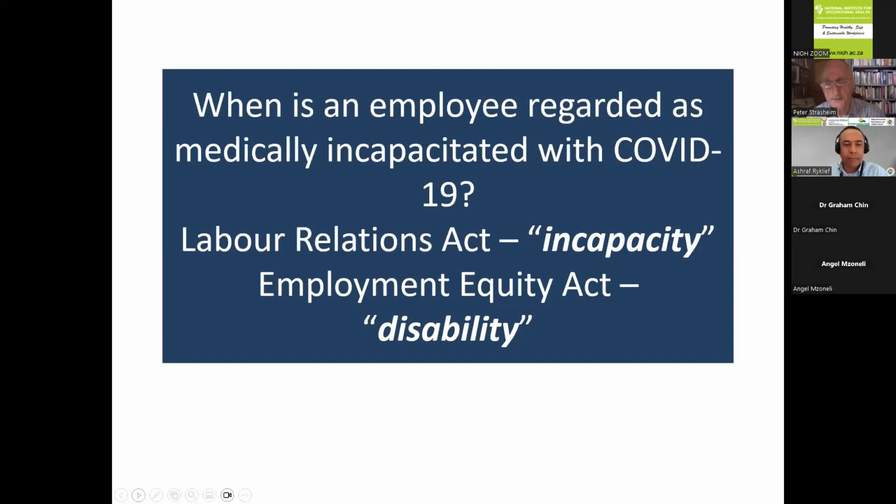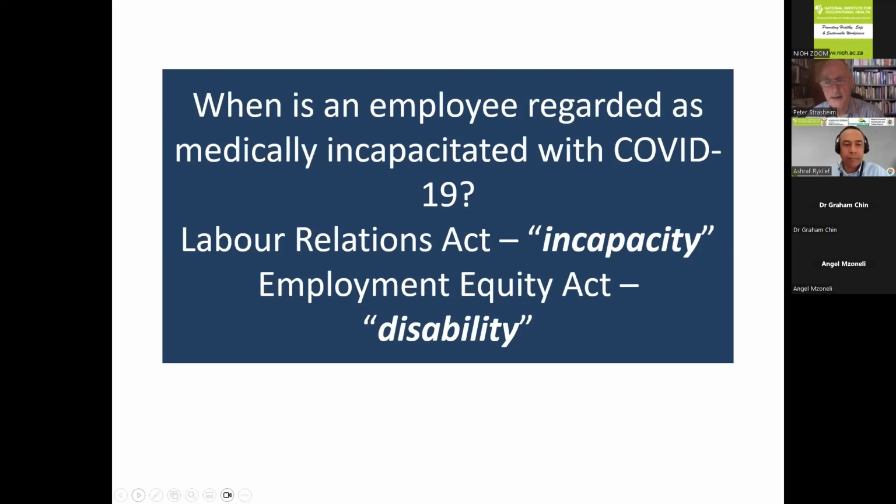You call for the assistance of an occupational therapist, ideally, if possible, with a postgraduate qualification in vocational rehabilitation. So between the two of you, you would write a report separately or jointly to the employer around two things: whether the person is disabled under the Employment Equity Act or incapacitated under the Labour Relations Act, and then secondly, what reasonable accommodations they need.